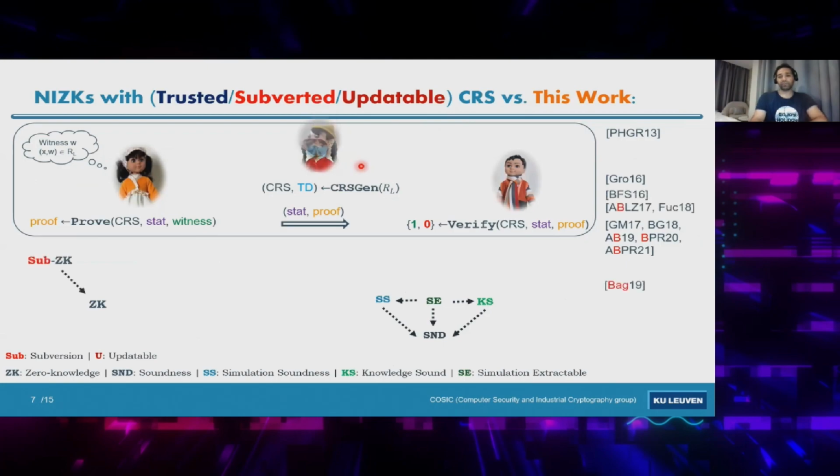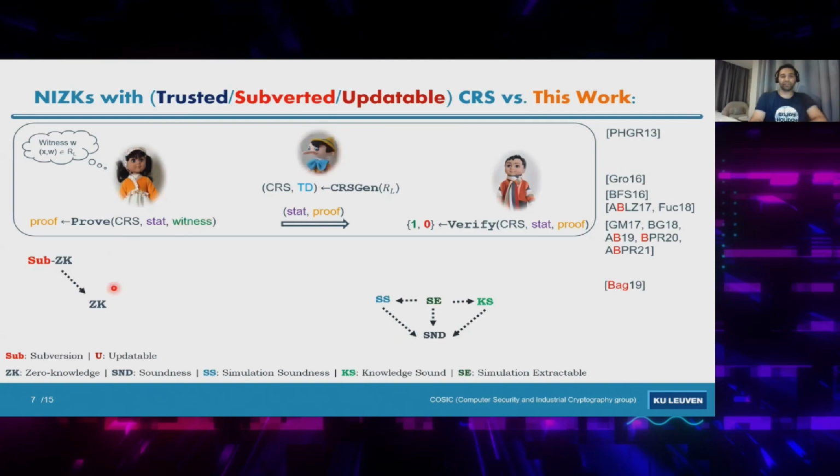So this was studied by Bellare, Fuchsbauer, and Scafuro in 2016, and they presented some negative and positive results. In a good way, I would say that the best result they presented is that they defined a new notion, which is called subversion zero knowledge. And they showed that we can achieve subversion zero knowledge and soundness at the same time, which basically means that the prover doesn't need to trust the third party who generates the CRS.